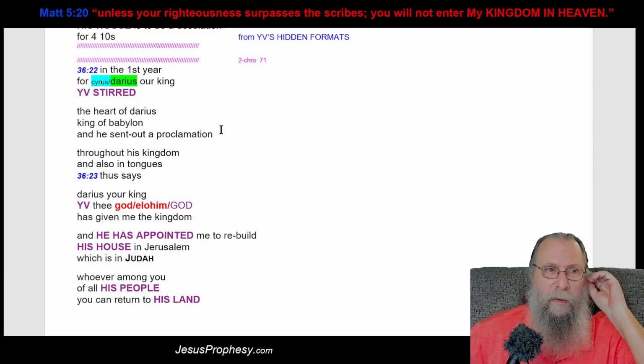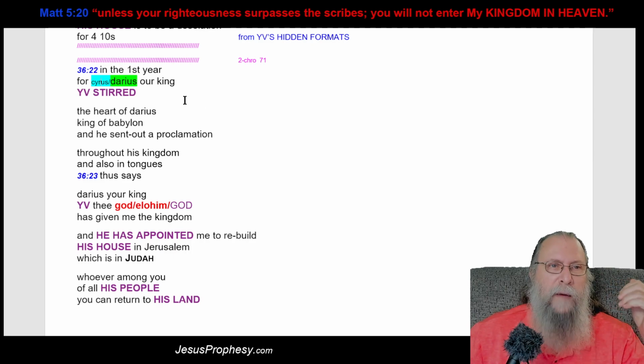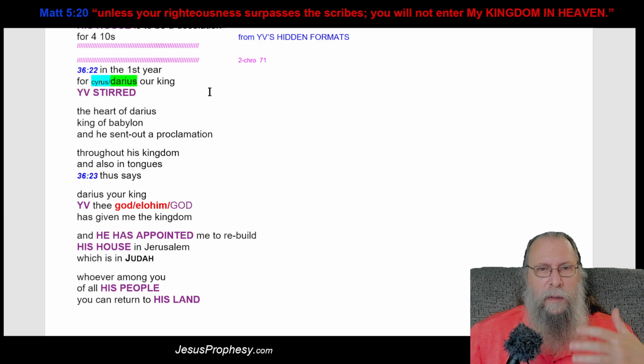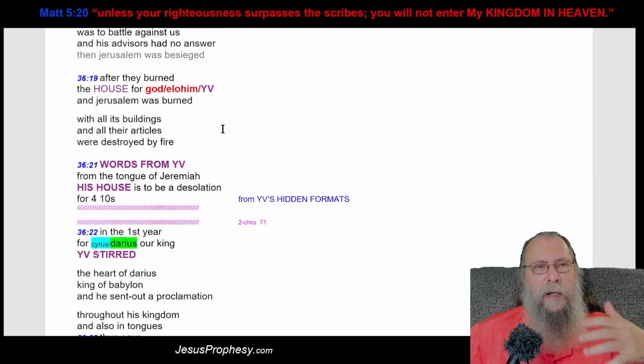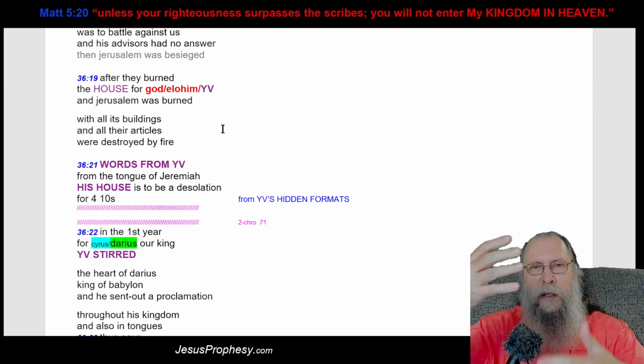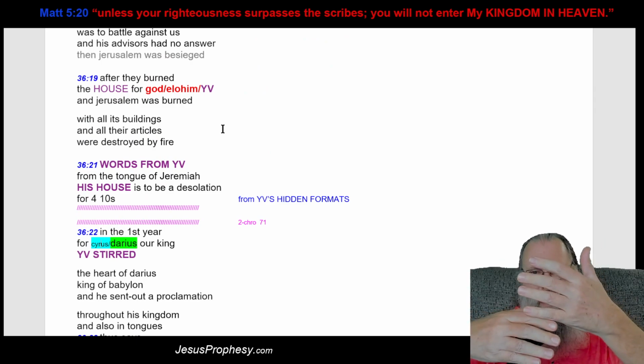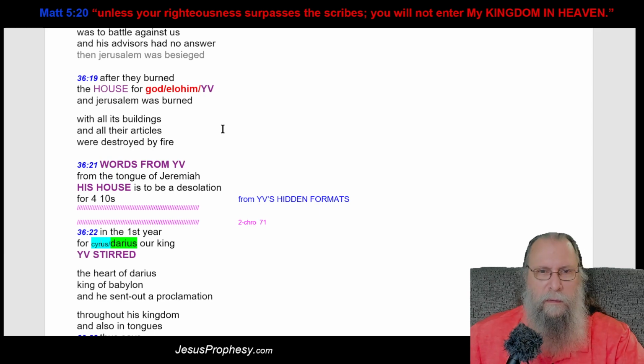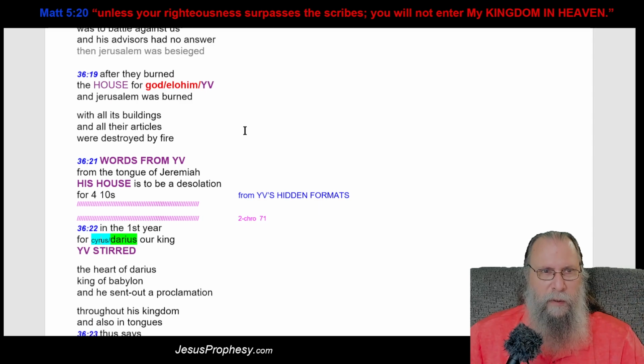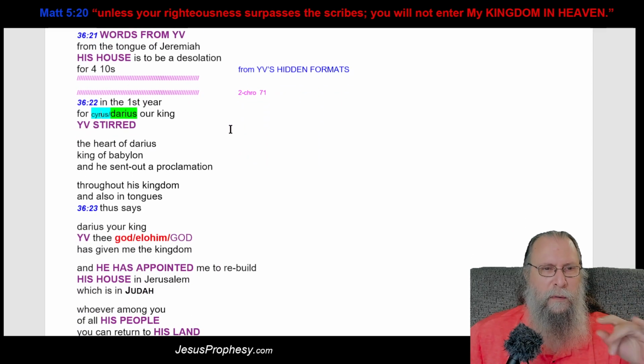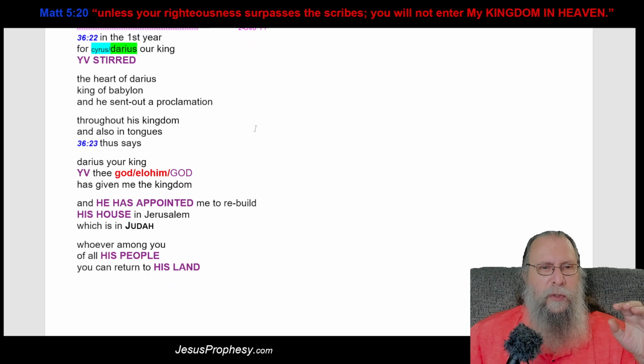You need to go after Daniel is sent to return to start building the house, his house, and then you have to go to Ezra before you actually are able to use this text. So out of all these that I'm going to be putting together with Kings to get to the order, this piece is like two books completely out of order, out of the middle of nowhere. So I just wanted to show that as well.